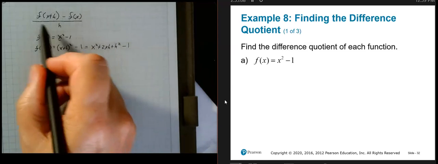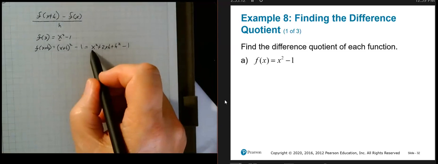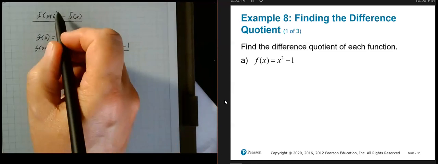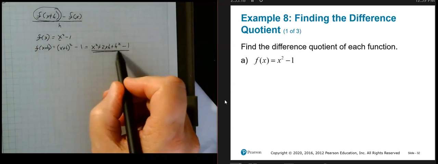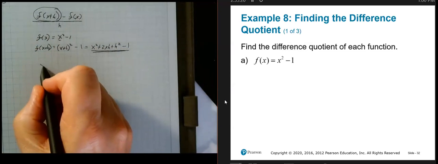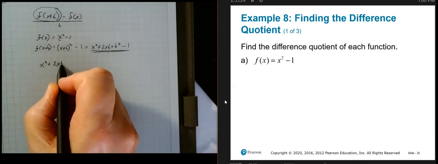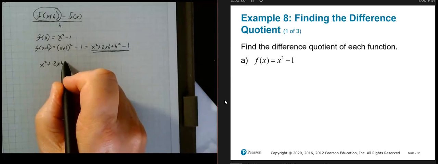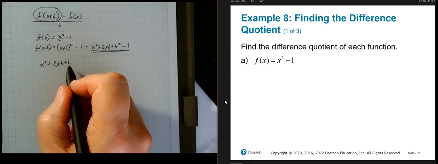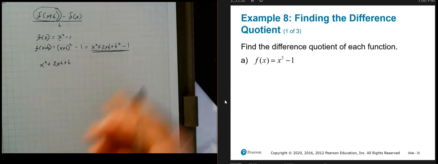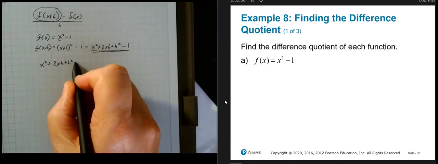Now I'm going to put it into this formula. So I'm going to replace this in the formula with this expression. So this becomes x squared plus 2xh plus h squared minus 1.